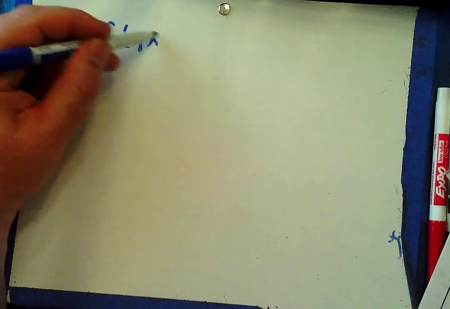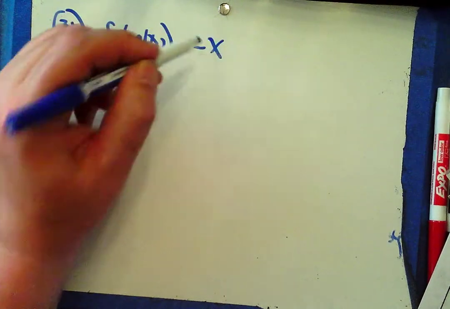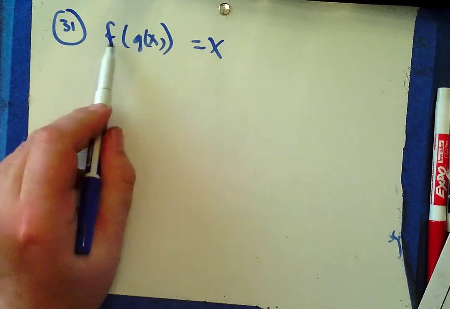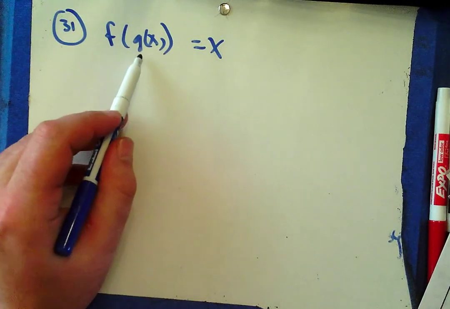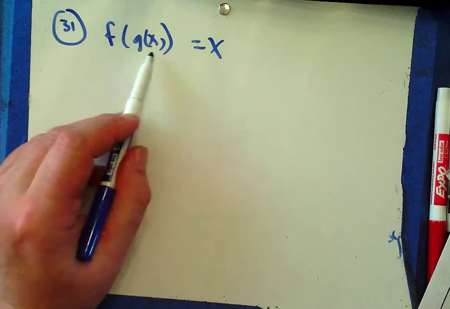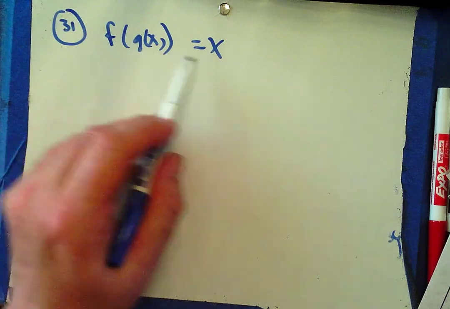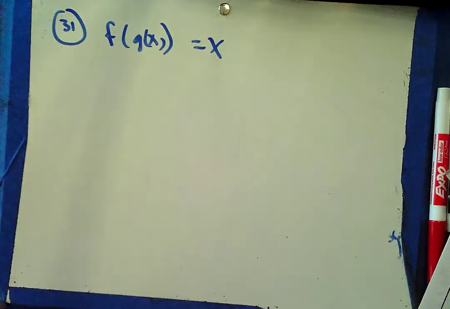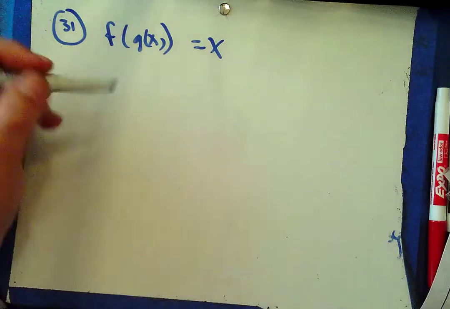31 says f of g of x equals x for all x. I remember from Algebra 2 and Pre-Cal that when I compose f and g and I get x, that tells me that f and g are inverses of each other.